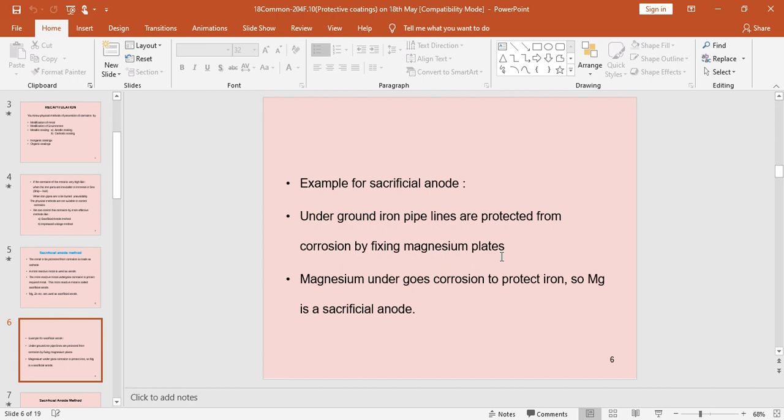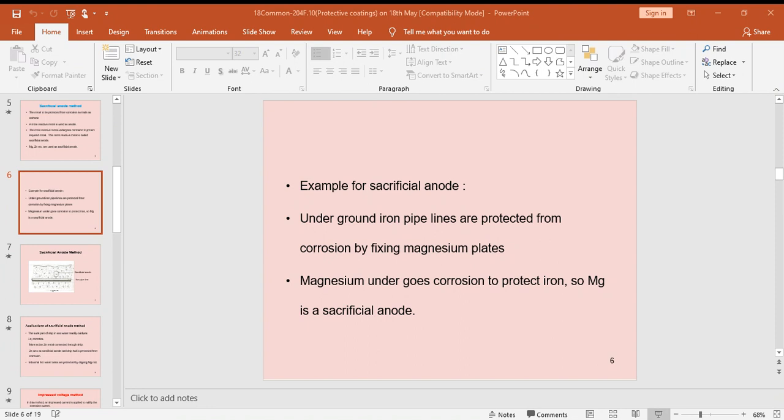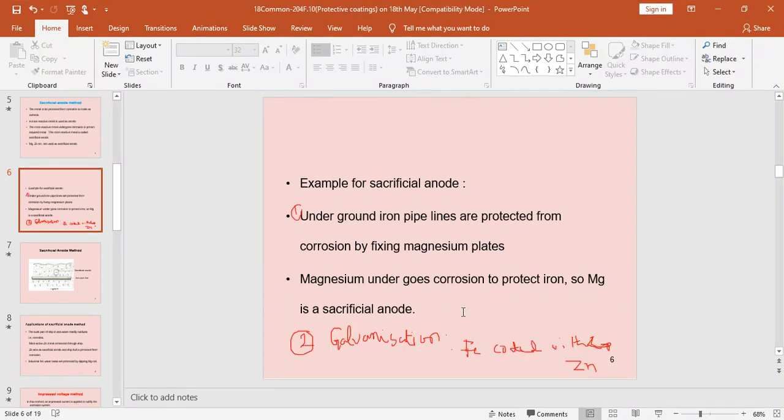Note down these points. This is the first example, and the second example is galvanization: iron coated with zinc. Note down these points.